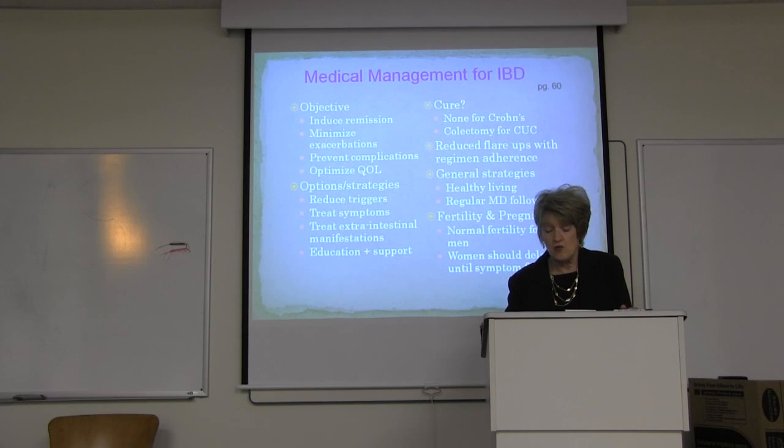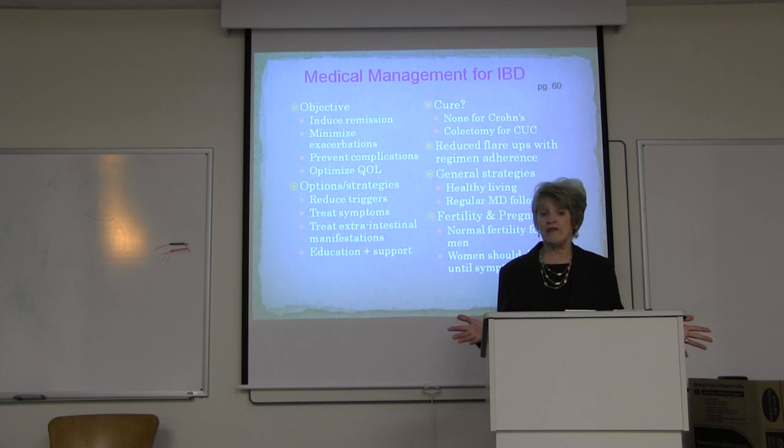And well, how long is it going to take to get it under control? And once you get it under control, what can I do to be sure it doesn't come back? And what can I expect long term? What kind of impact is this going to have on my quality of life? Is it going to shorten my life? Am I likely to die from this? And you know what? The answer to most of those questions is we're not sure.